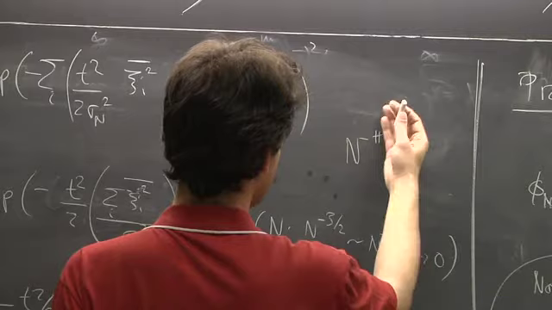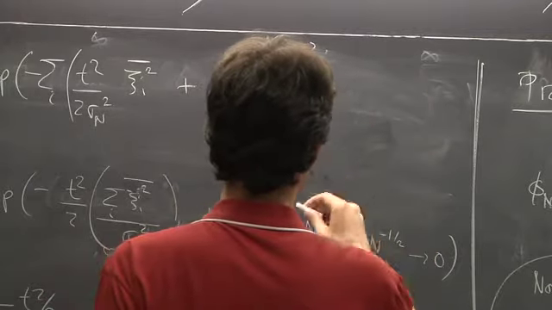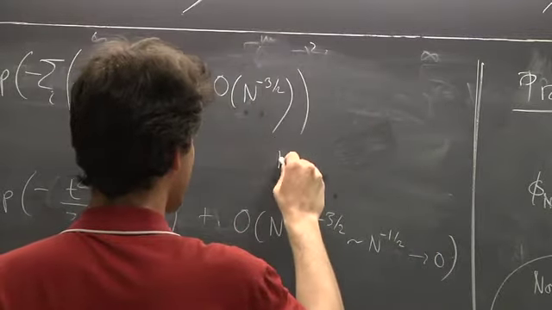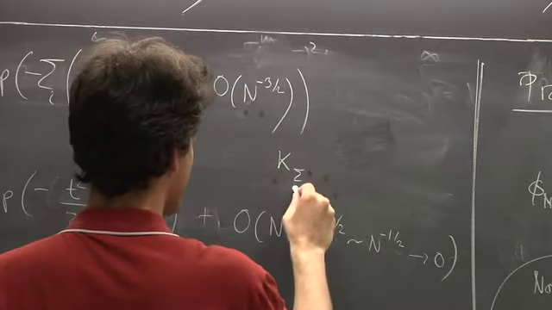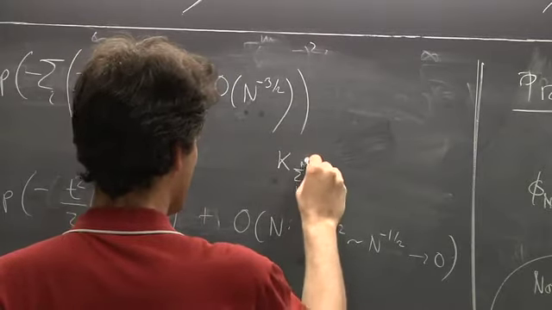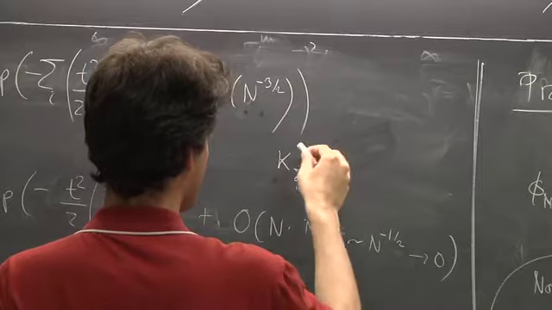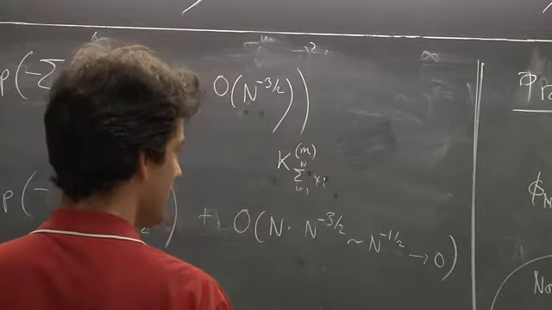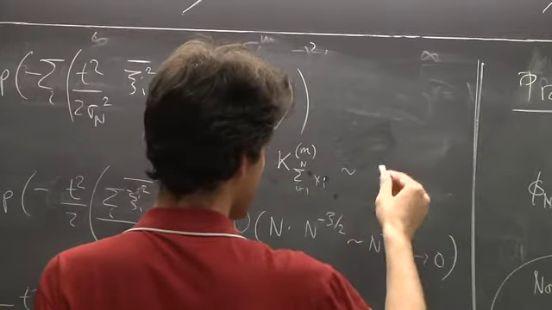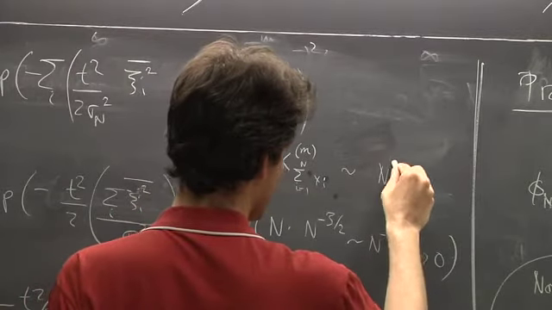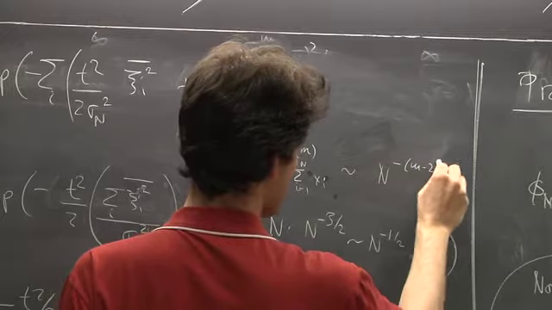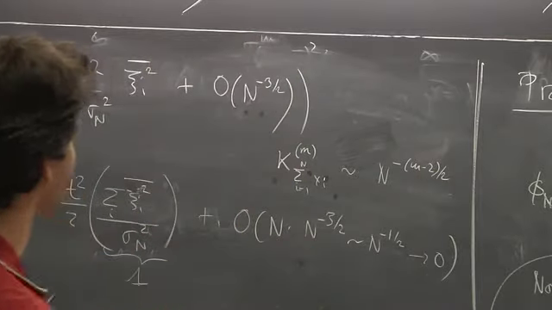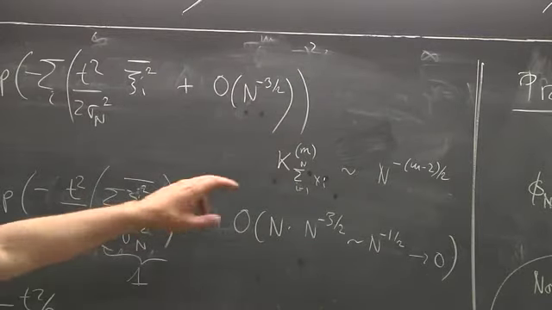What I want to say is, if I take the cumulant of a sum and I take the nth cumulant, then this will behave like n to the minus (n minus 2) over 2, I guess. It's just formalizing a bit.